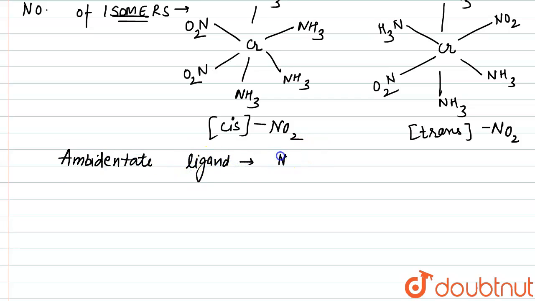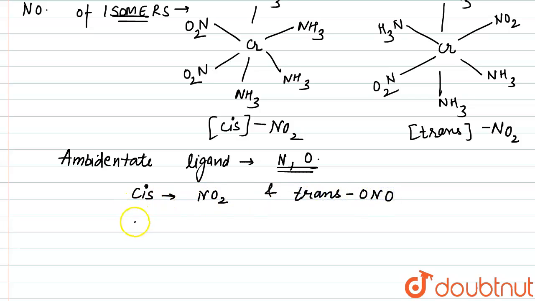Because it can donate from both sides, that is N as well as O, or we can say that it can bond from both sides. So further 2 structures can be formed like this, cis with respect to NO2 and trans with respect to ONO.